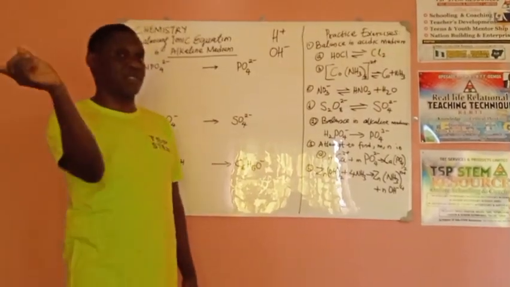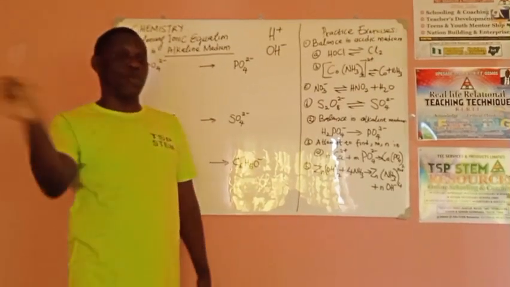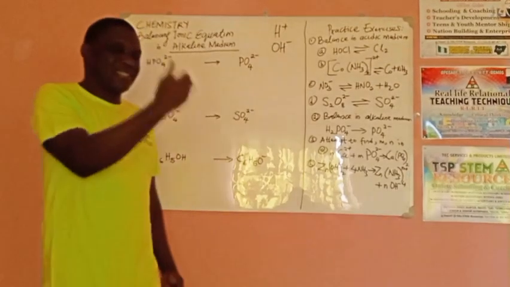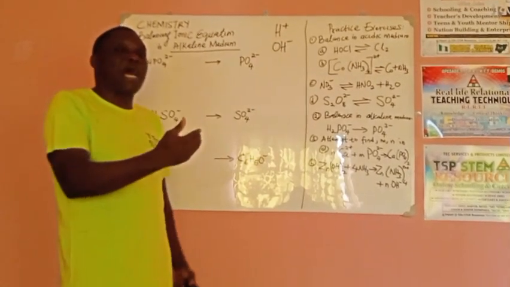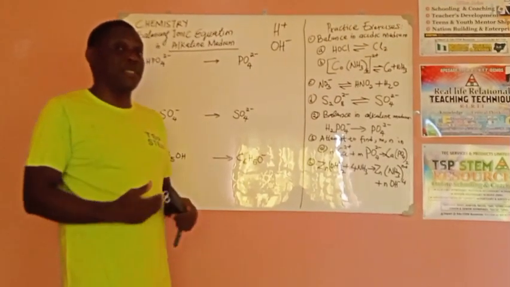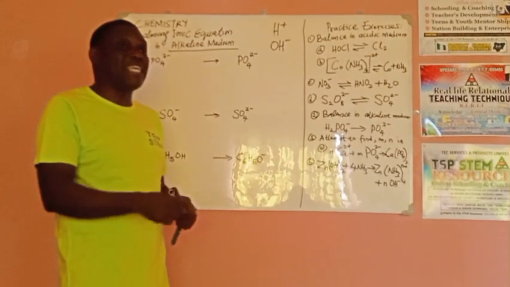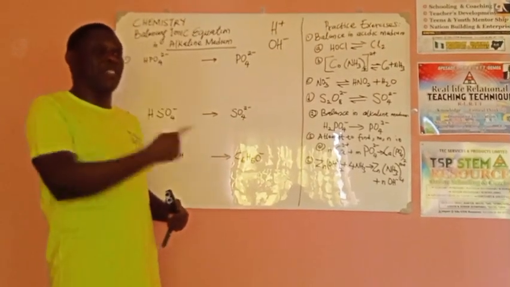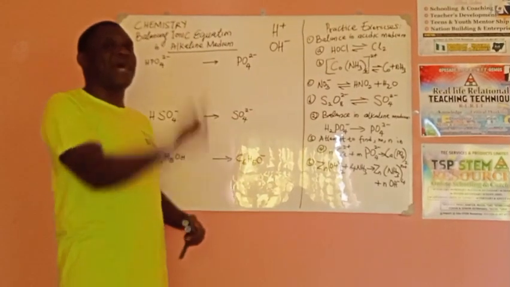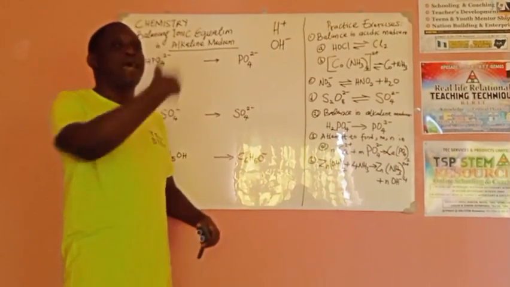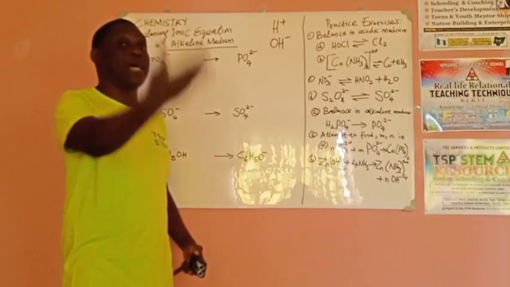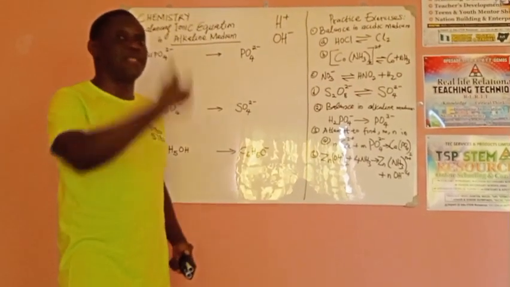It's a contrast to what I told you when you're balancing in an acidic medium. Here, you balance that side that is having excess hydrogen by adding that same number of hydroxyl ions to that side that is having the hydrogen atoms. Then you go ahead to balance oxygen atoms by adding water molecules at the appropriate site.